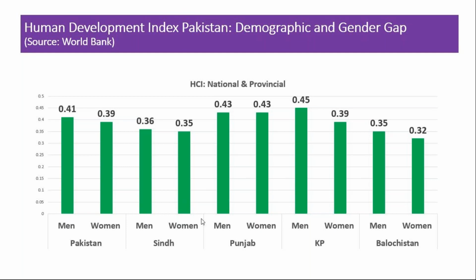In KP and Balochistan, there are differences between human development of men and women. And we can see that two provinces, Sindh and Balochistan, which are southern and southwestern provinces, have the lowest level of human development in the context of the country.